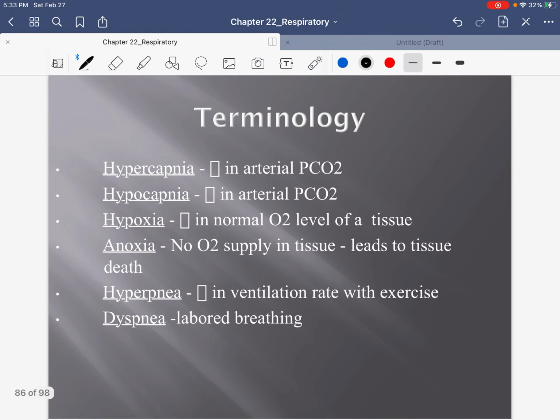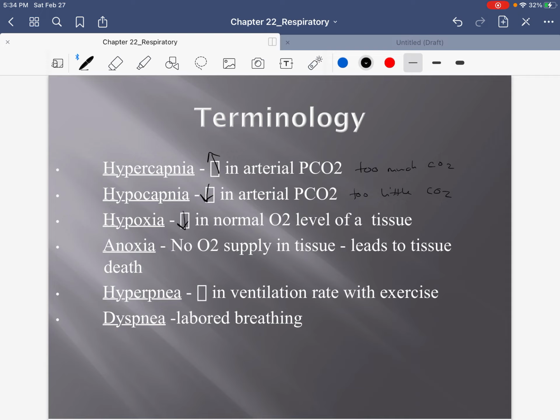Okay. I would like you to know some of these terms, if you don't already. Hypercapnia means too much CO2. Hypocapnia means too little CO2. I mean, we can make this really simple. If somebody is hypercapnic, too much CO2. Hypocapnic, too little CO2.